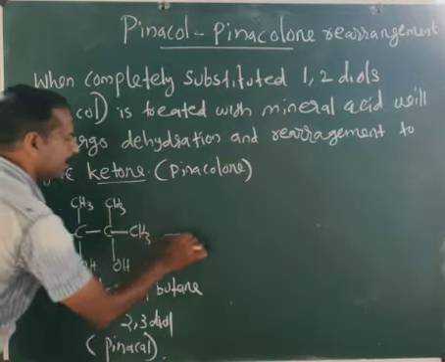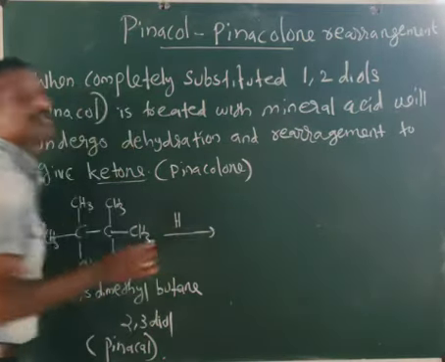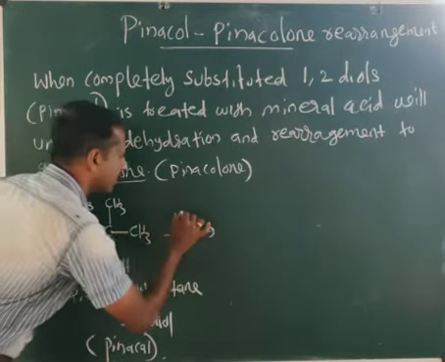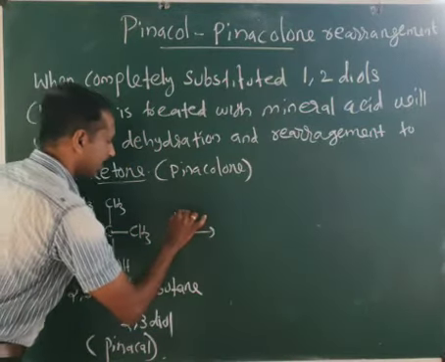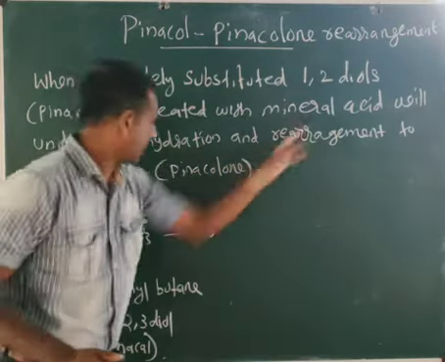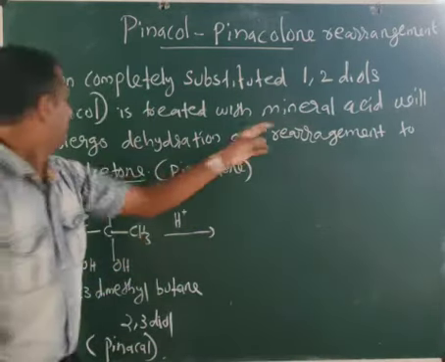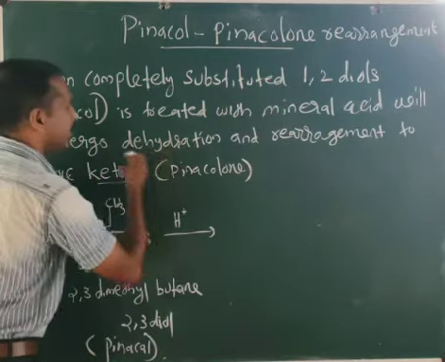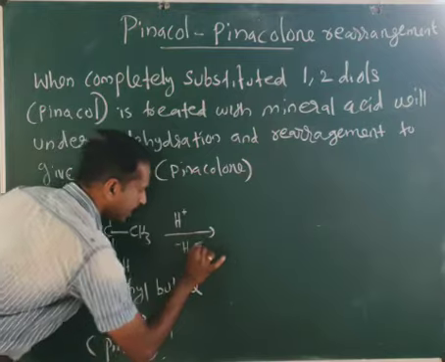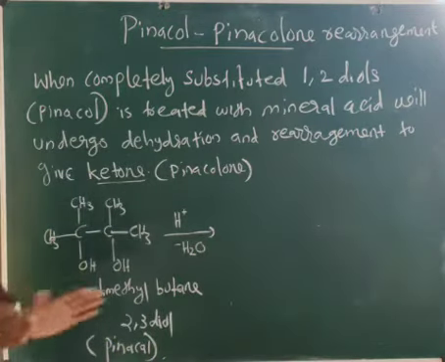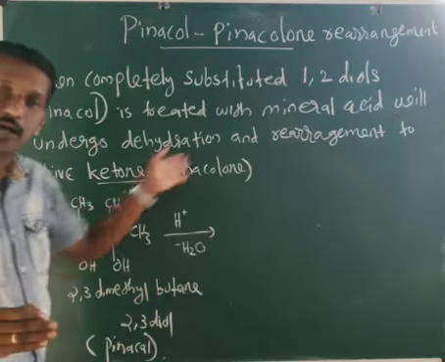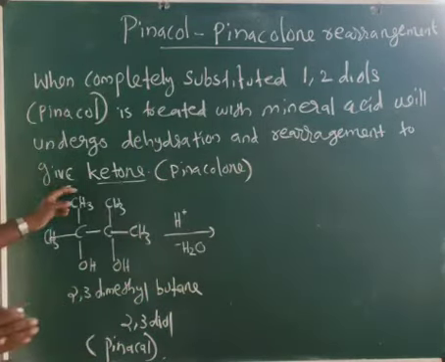When treated with a mineral acid, that means any acid, you can take HCl, H2SO4, HNO3, or generally represent it as H plus, it will undergo dehydration. What do you mean by dehydration? That means removal of water, minus H2O, and then rearrangement to give a ketone.